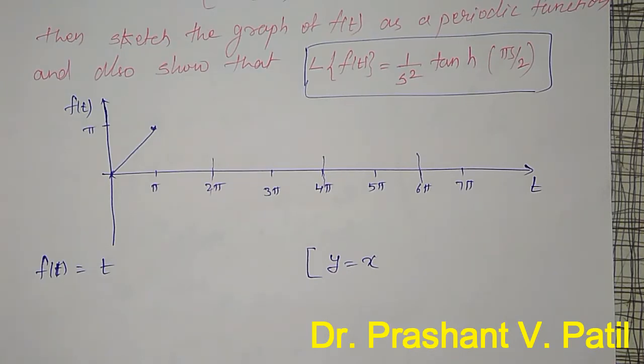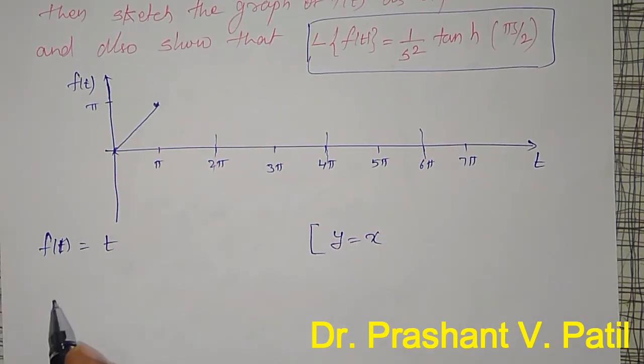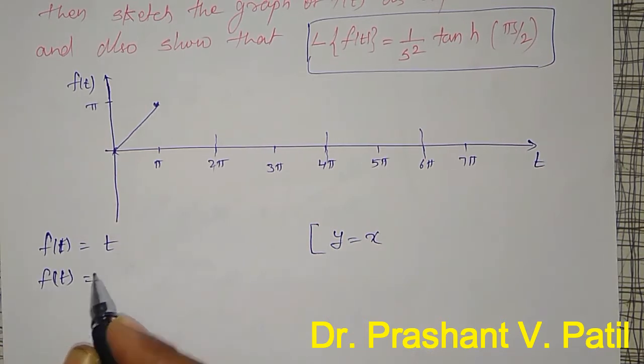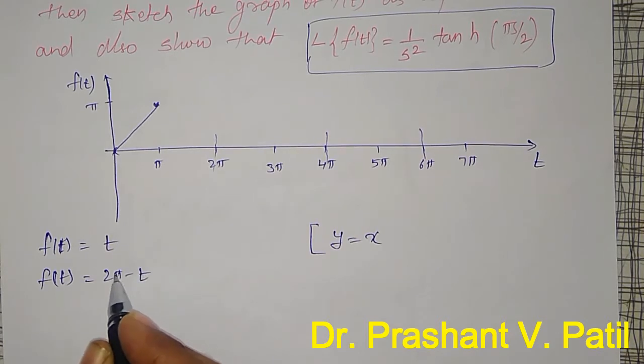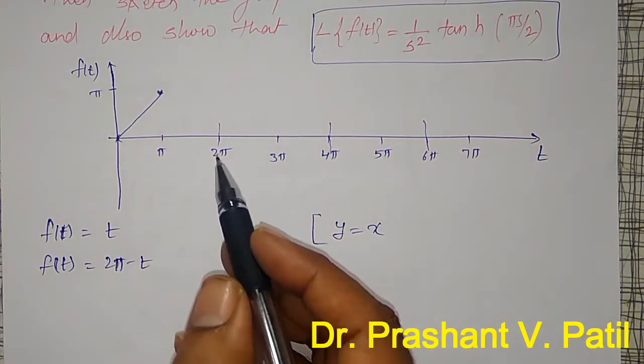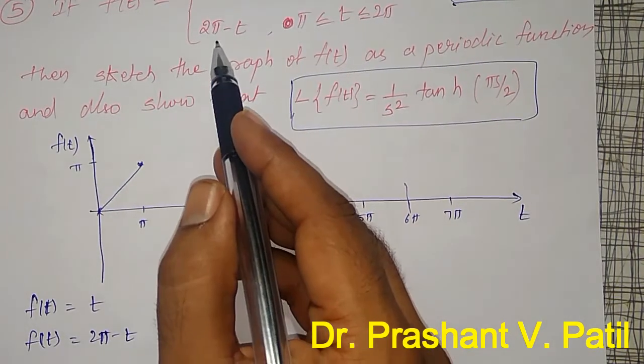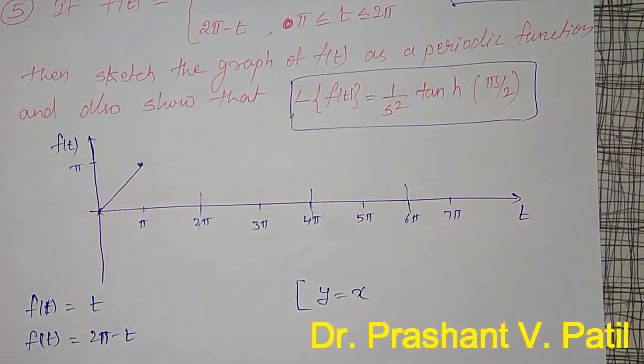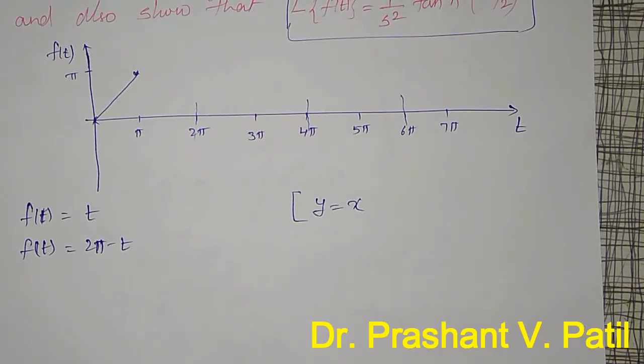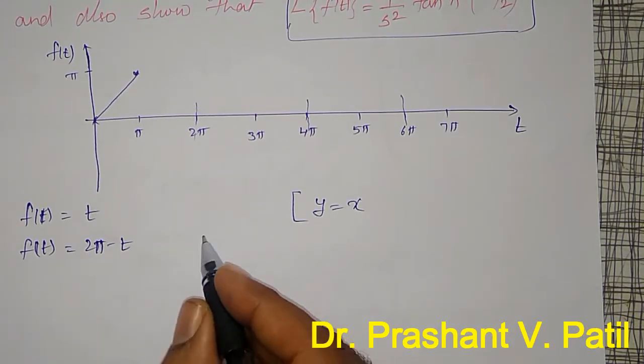Next, f of t from pi to 2 pi is 2 pi minus t, correct? From pi to 2 pi, the function is defined to be 2 pi minus t. To draw this, two points are required again.